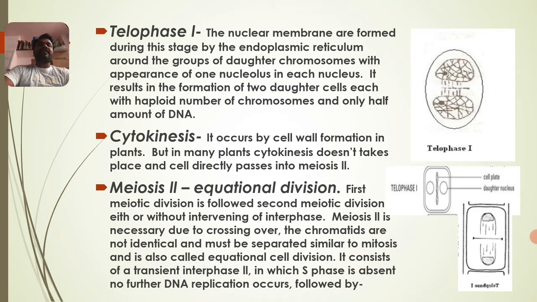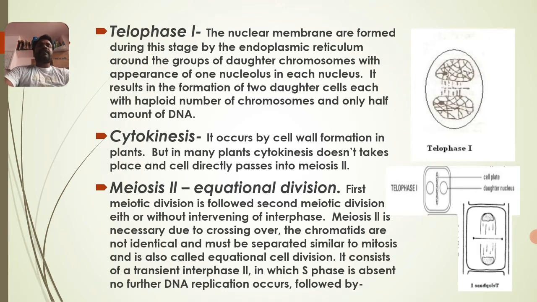The nuclear membrane reappears, the nucleolus also appears, and the nuclear membrane envelops the chromosomes. The half number of chromosomes are encircled by the nuclear membrane.